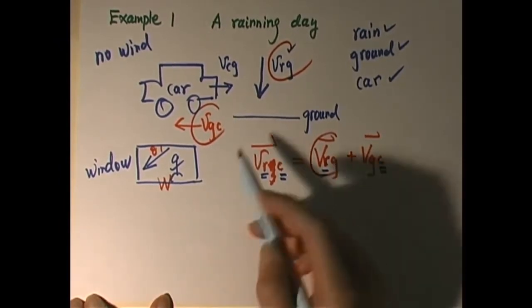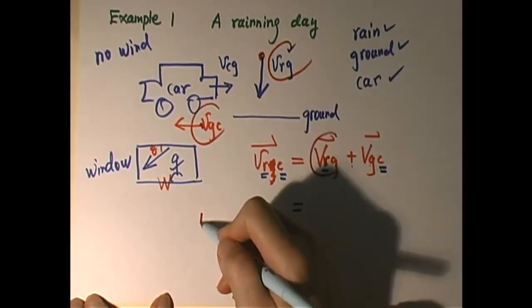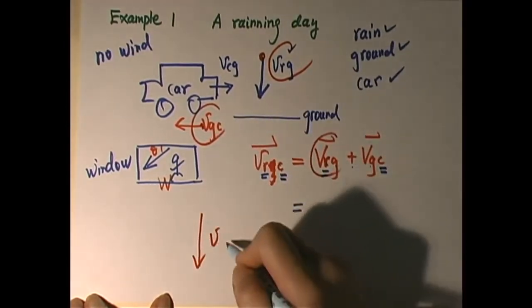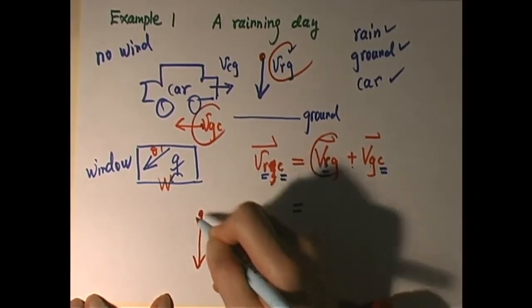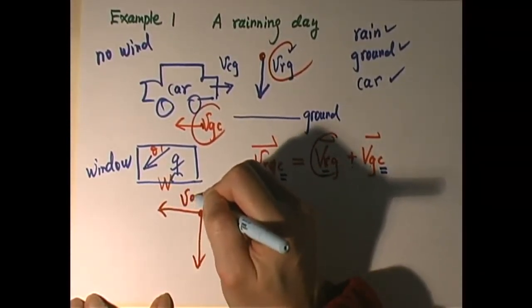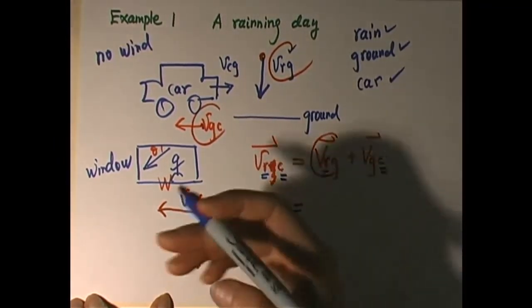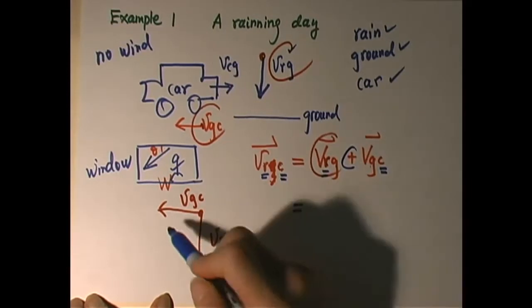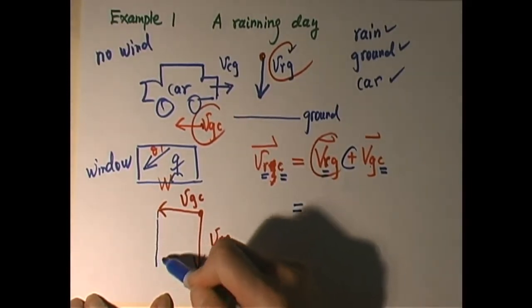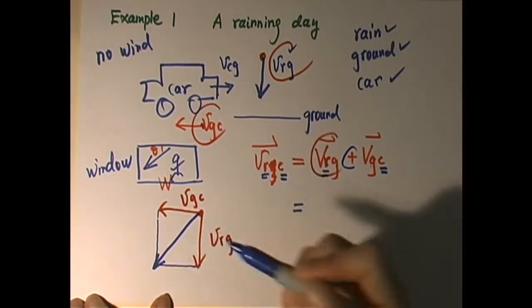We just need to put them tail to tail together. So this is V rain to the ground, tail. The other one is V ground to the car, tail. Once you put the tails together, because we're going to add these two vectors graphically, you do a parallelogram, and the diagonal is the resultant.